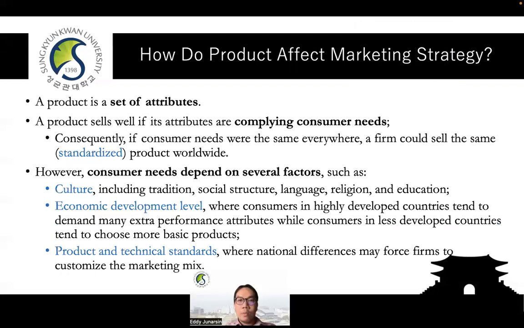Right. So how does the product affect marketing strategy? Basically a product is a set of attributes, right? And if we are producing a certain good or service, we hope that it could fulfill consumer needs.